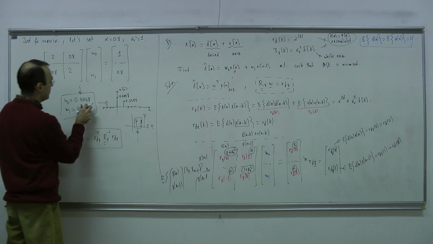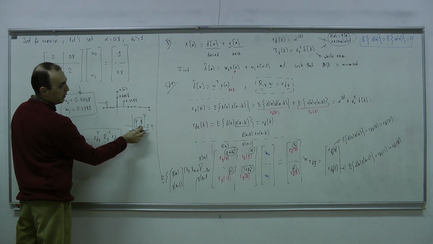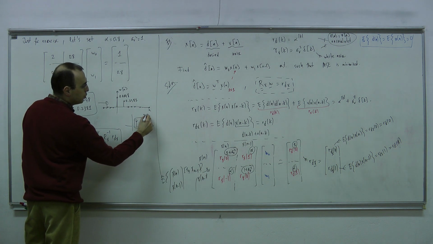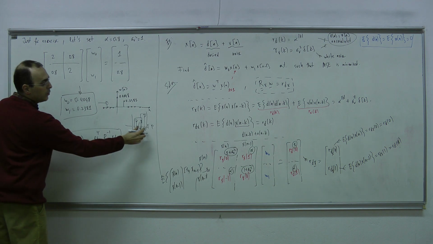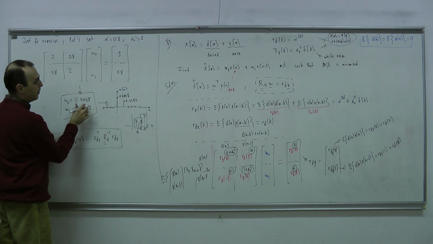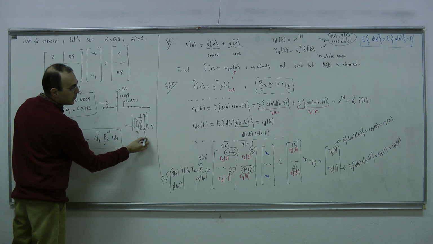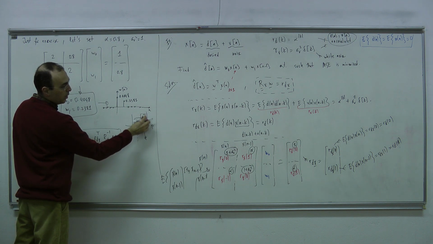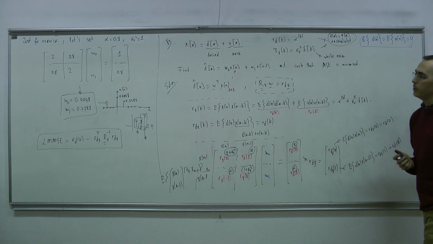X2 times this, X1 times this, you get an estimate at time 2. Now you move to this one. So this is the third, this is the second sample. If you do the same operation for the third sample, meaning the third sample is multiplied by that, convolution operation, and the second sample is multiplied by that, you get a second estimate, but this is for the third sample of this desired sequence. This is a convolution operation.